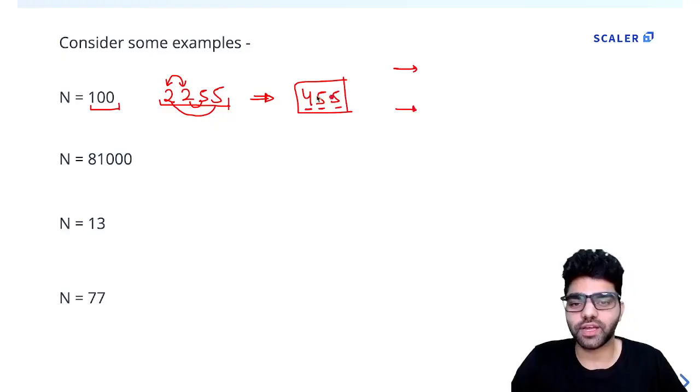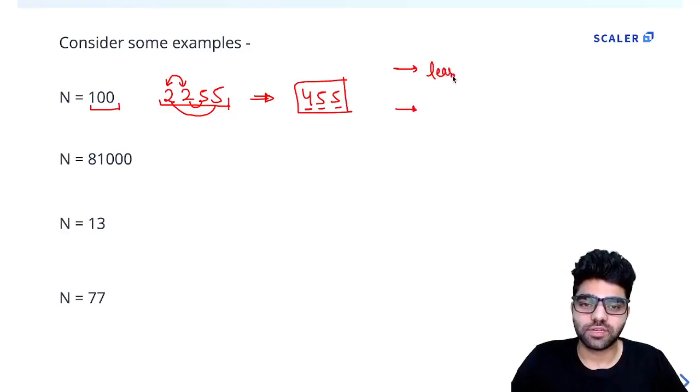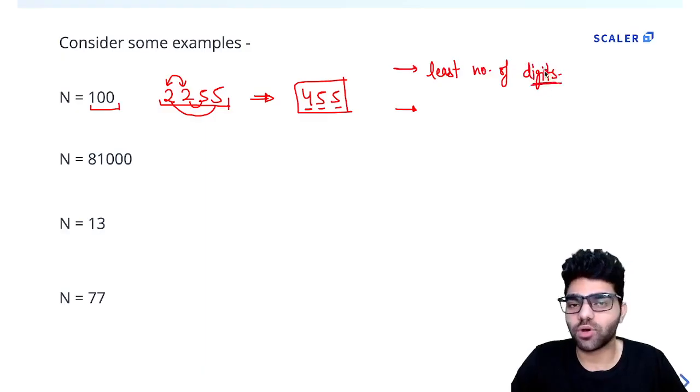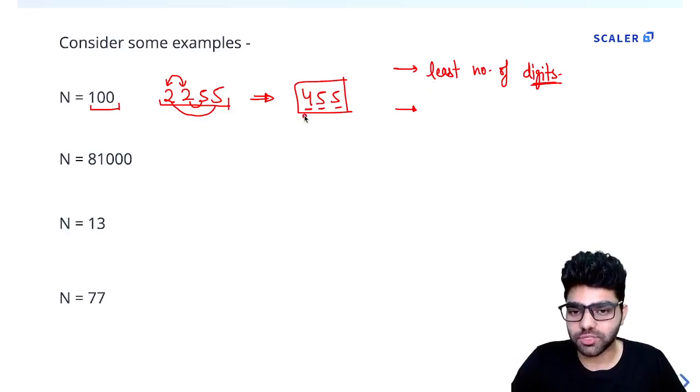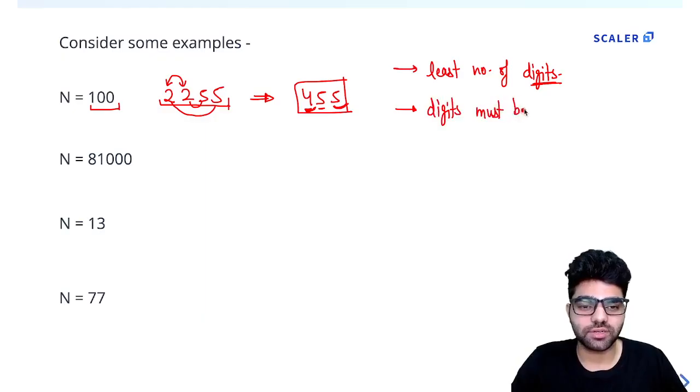First we need to find the number which has the least number of digits, because we want to find the smallest one. And that number should start from the smallest digit and end at the largest digit. That means digits must be arranged in sorted order.